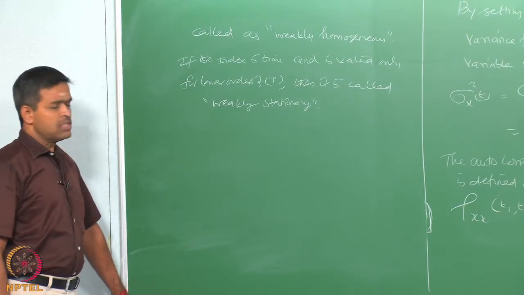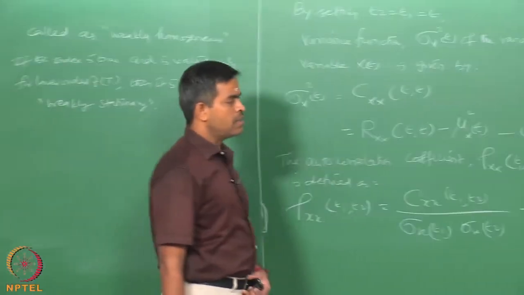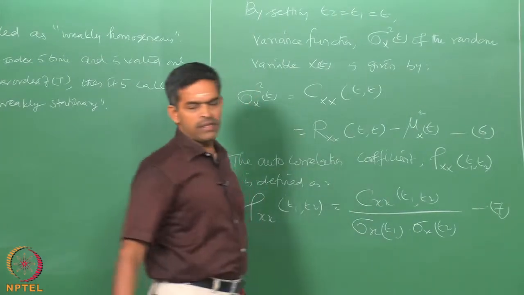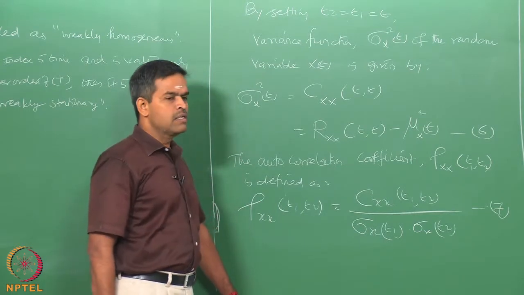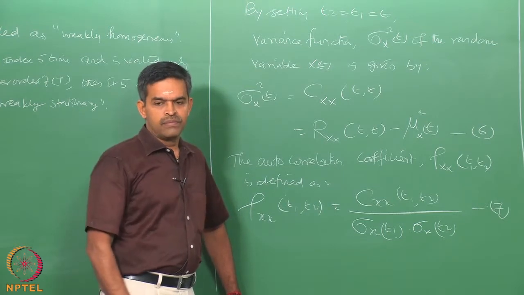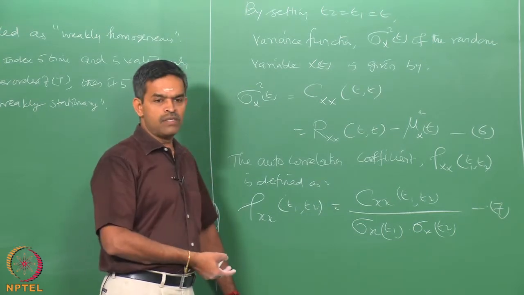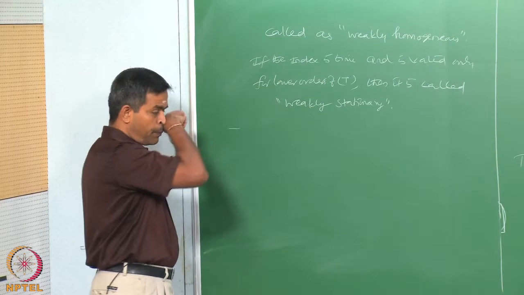Now, what would be the consequence if I have a stochastic process which is either weakly or strictly homogeneous, or if my process is indexed by time and becomes weakly stationary? One can look at an important consequence.